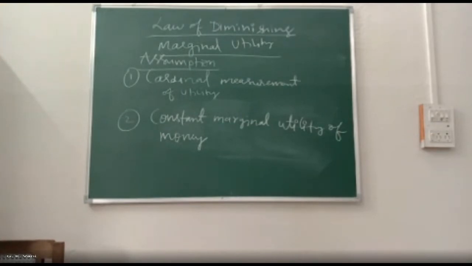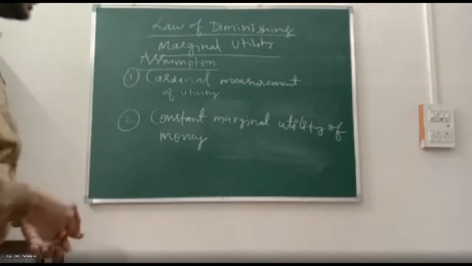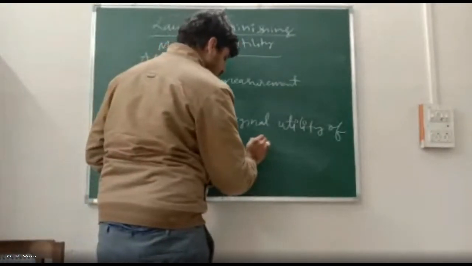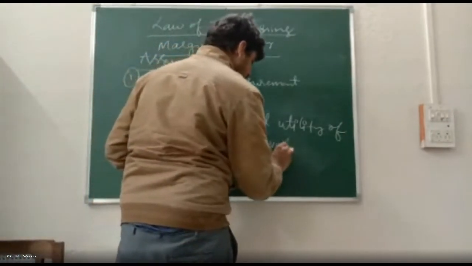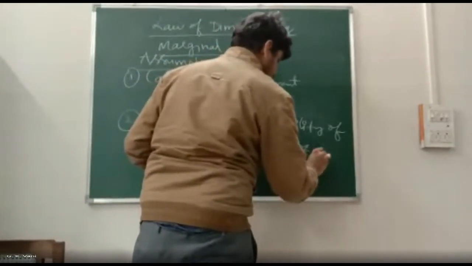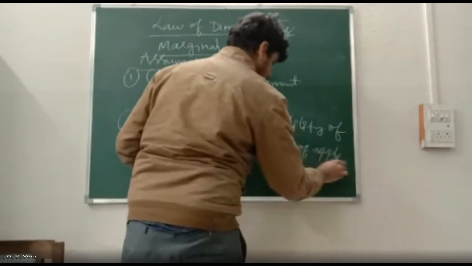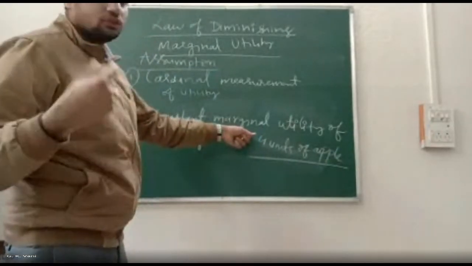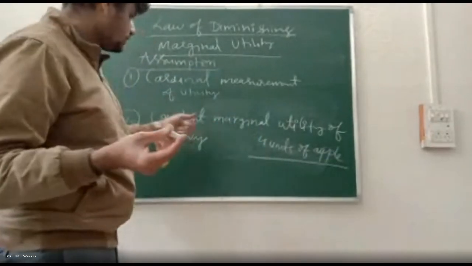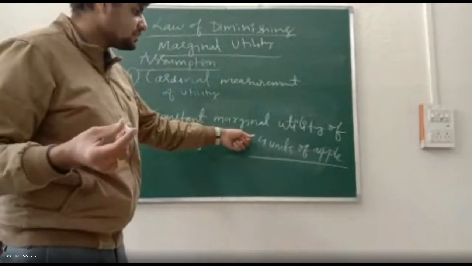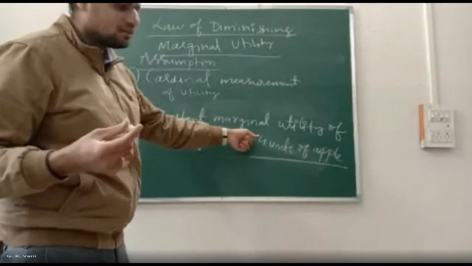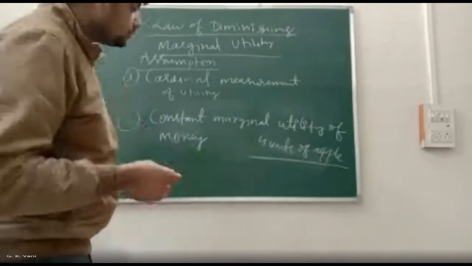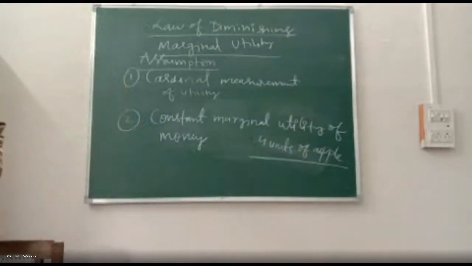It must measure the same amount of utility in all circumstances. This means that if you want to measure the utility of 4 units of apple, given that the marginal utility of money is the same and the same person is there under the same set of circumstances, 4 units of apple will give the same amount of utility each time.